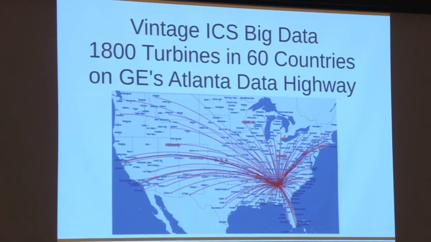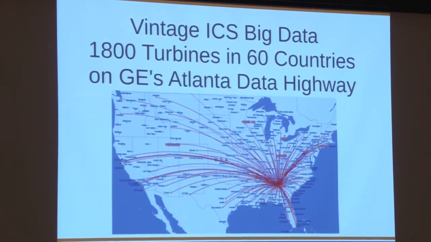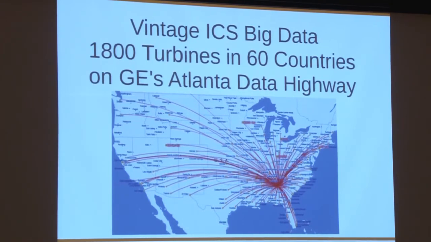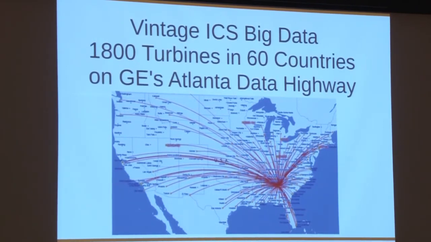GE, large American company, sells turbines for power generation around the world. And they also sell a control system for monitoring and controlling these turbines. And they have a service that is based here out of Atlanta that can talk to 1,800 of their turbines in 60 countries around the world.